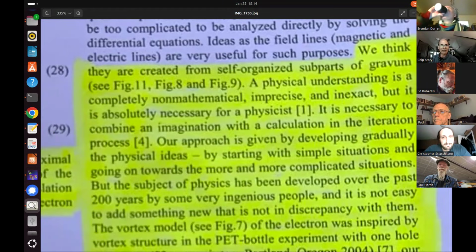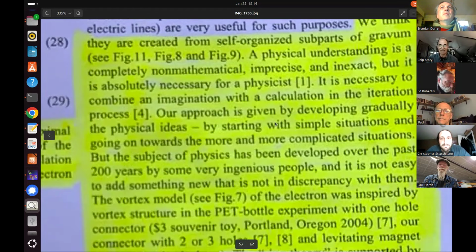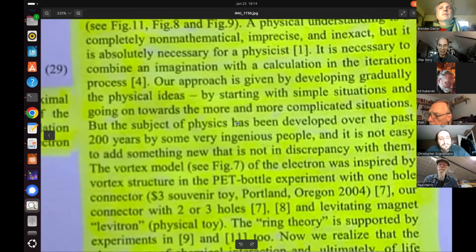Highlighted in yellow, we think they are created from self-organized subparts of gravum. Physical understanding is completely non-mathematical, imprecise, and inexact, but it is absolutely necessary for a physicist. It is necessary to combine imagination with calculation in the iteration process. I have no problems with that.